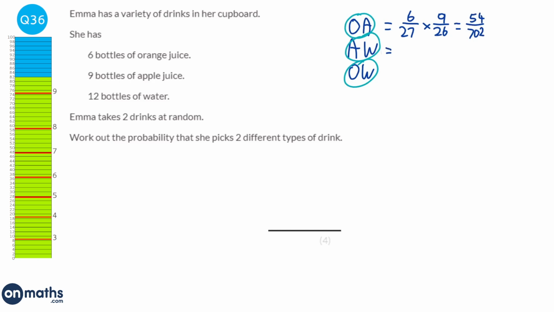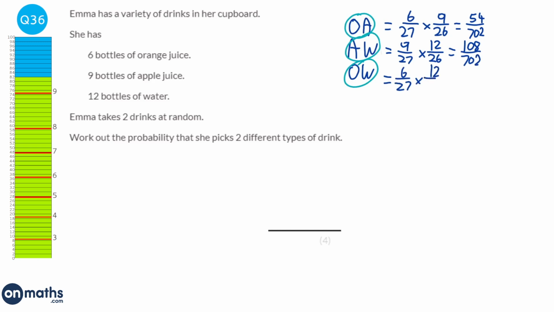Apple juice then water would be 9/27, and then 12/26, and so that would be 108/702.